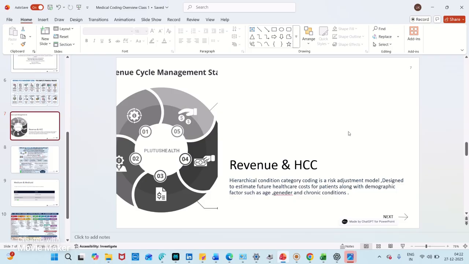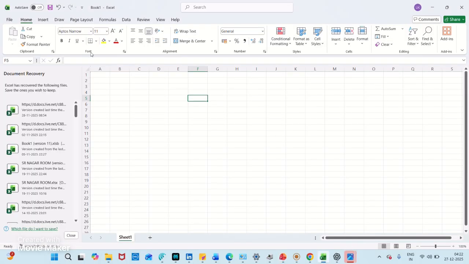I will explain in Excel. DM is one of the conditions. Whenever you enter it in the tool, it automatically creates one HCC, which is default. These HCCs decide the RAF, risk adjustment factor.